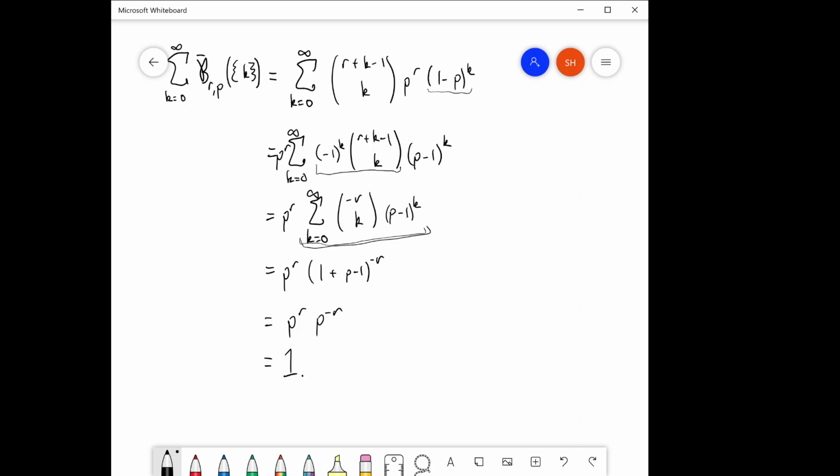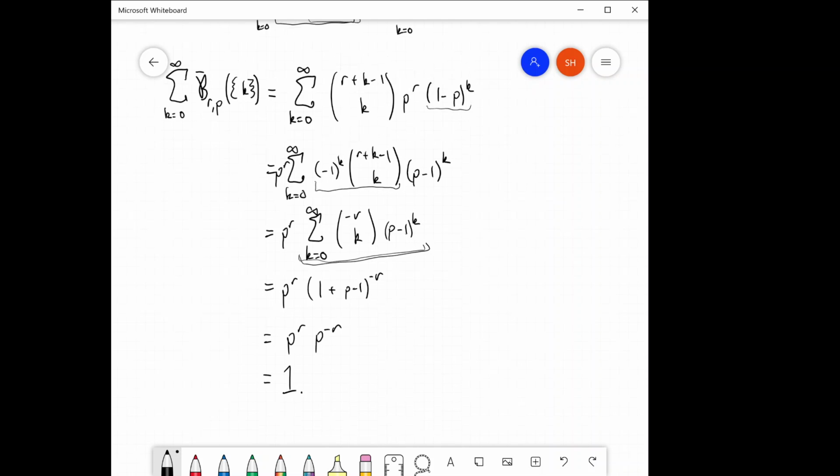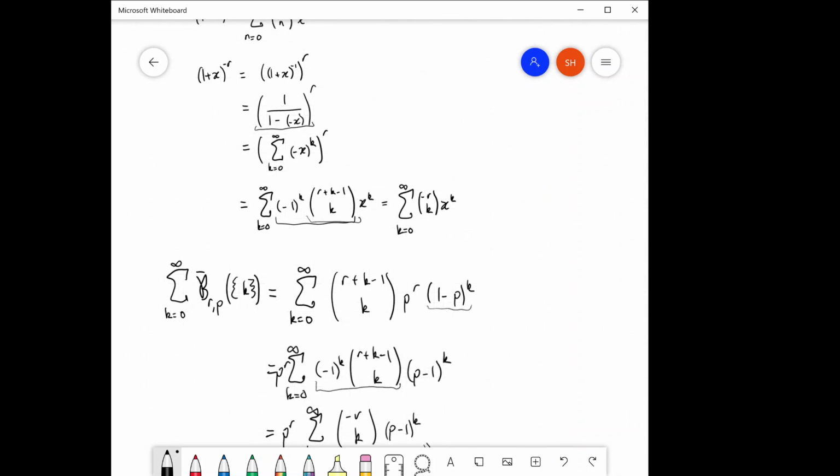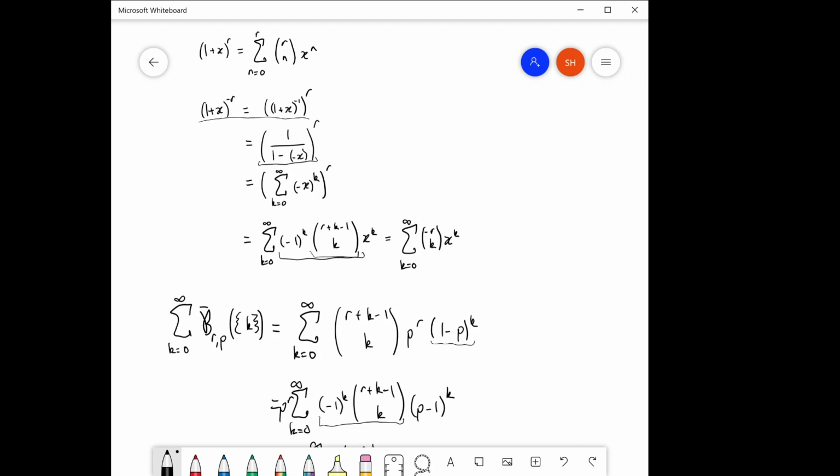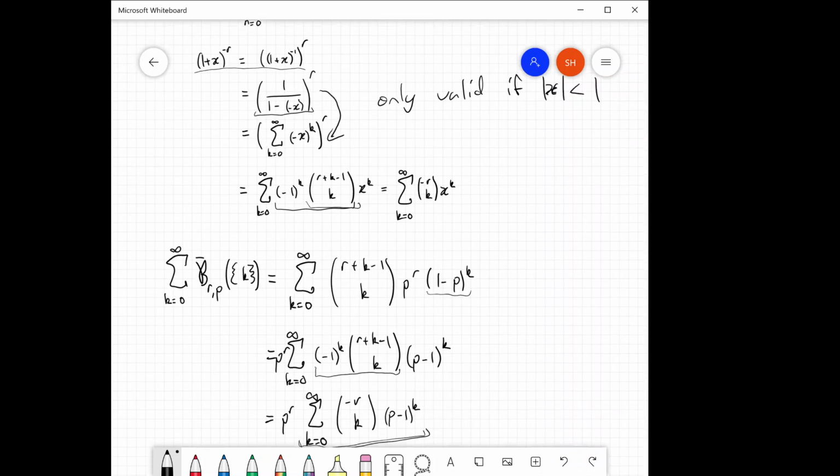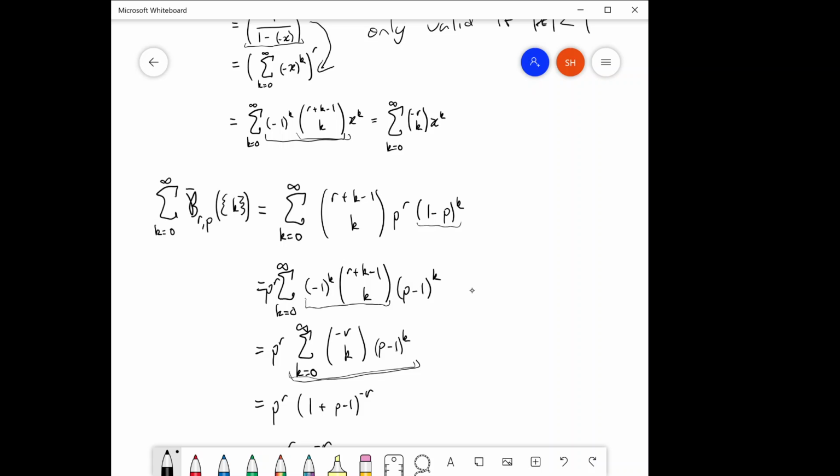So there is something that I hope people saw was dodgy, which I'll now go back to. When we were up here, this step to this step is only valid if the absolute value of x is less than 1. So we should check that this actually held when we did our computations. And yes, it turns out it does.